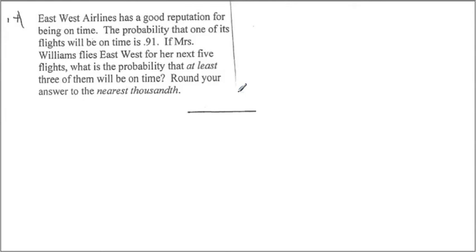East-West Airlines has a good reputation for being on time. The probability that one of its flights will be on time is 0.91, and for the next 5 flights, what is the probability that at least 3 of them will be on time? That means we are looking at r equals 3, 4, 5.